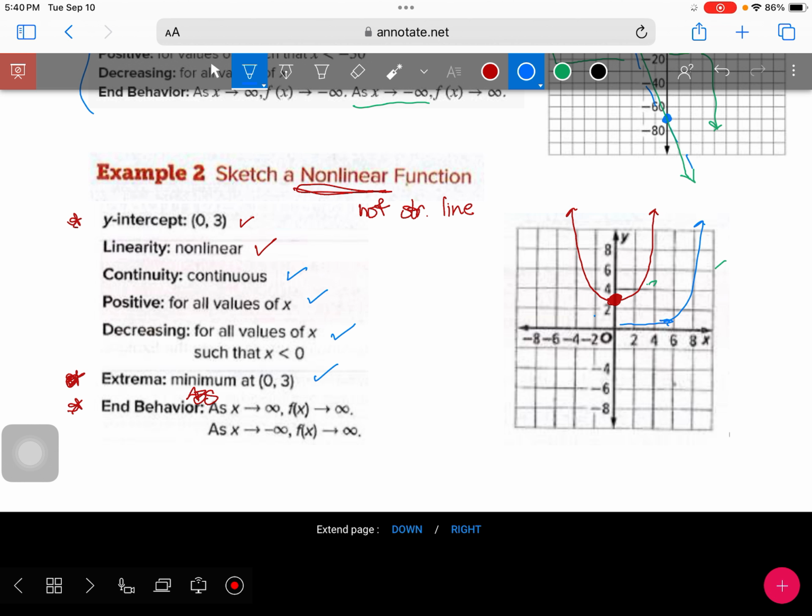And as x goes to negative infinity, yes, f of x goes to positive infinity. So as long as you have an absolute minimum here and you draw something of a parabola that's kind of symmetric on both sides, you should be good. Okay?